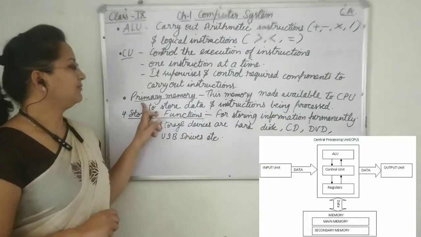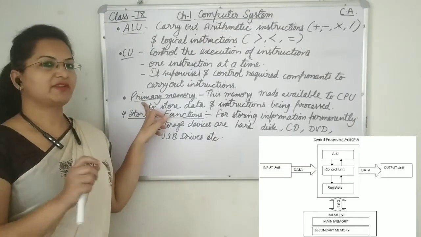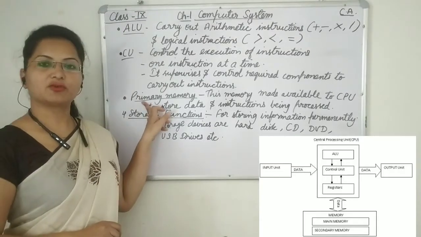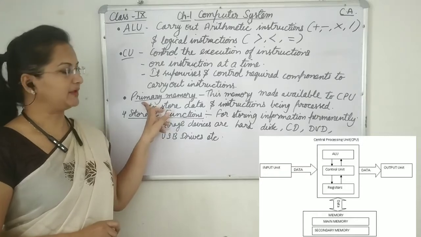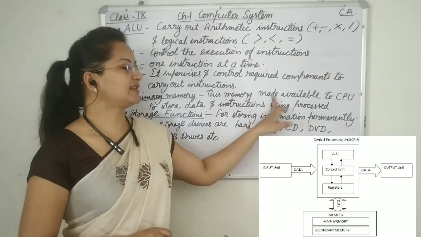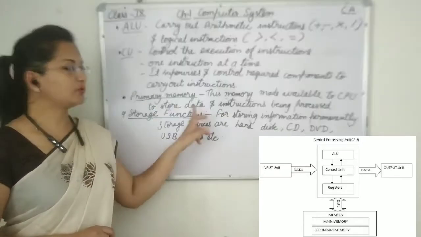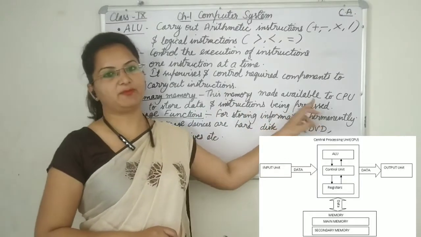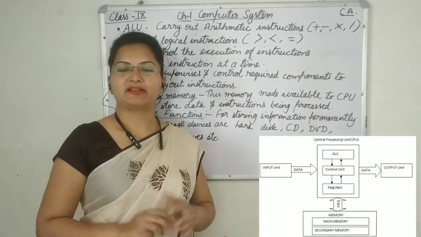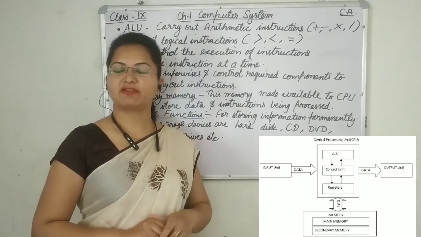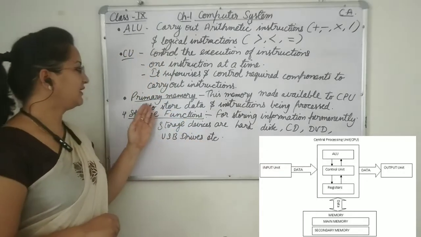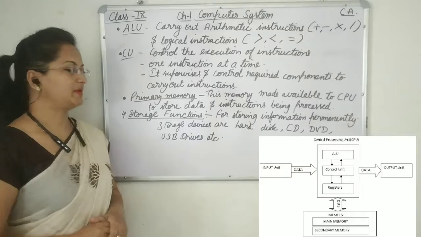So at that time the primary memory is required. It is fixed inside the CPU, and it is also known as internal memory or main memory. So students, this is made available to the CPU to store the data and instructions being processed. At the time of processing of the instructions, we need to store the data, so that data is stored in the primary memory.